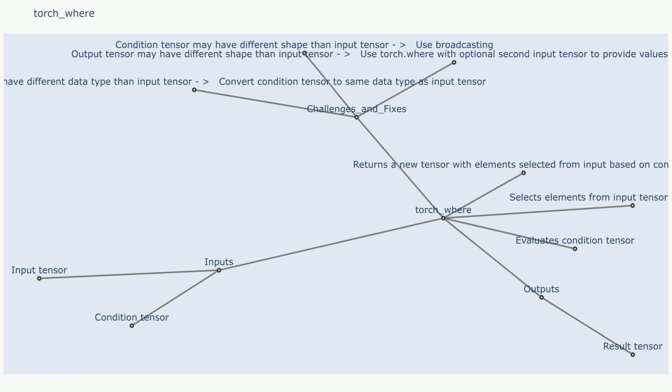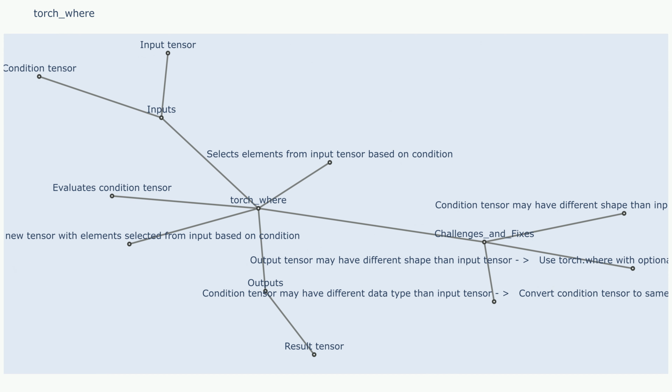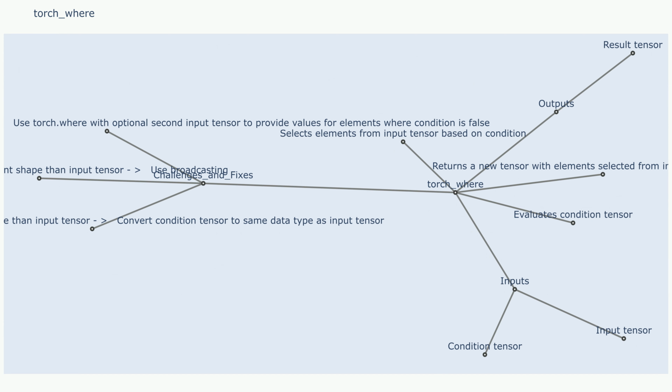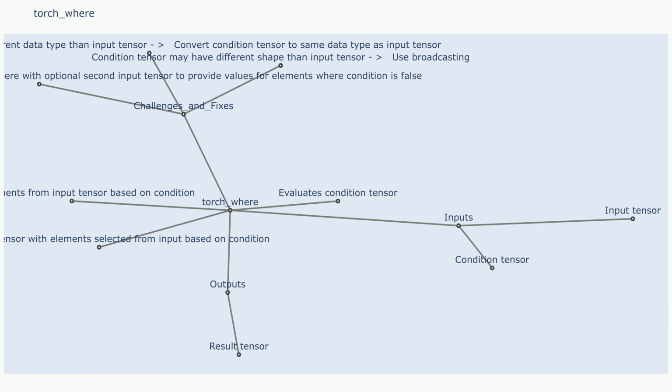Challenge 2: handling cases where the X and Y tensors have different data types. Sample use case that resulted in challenge 2: using torch.where with a condition tensor of dtype torch.bool and X and Y tensors with different data types, e.g. torch.float32 and torch.int64, leading to unexpected type conversion issues.